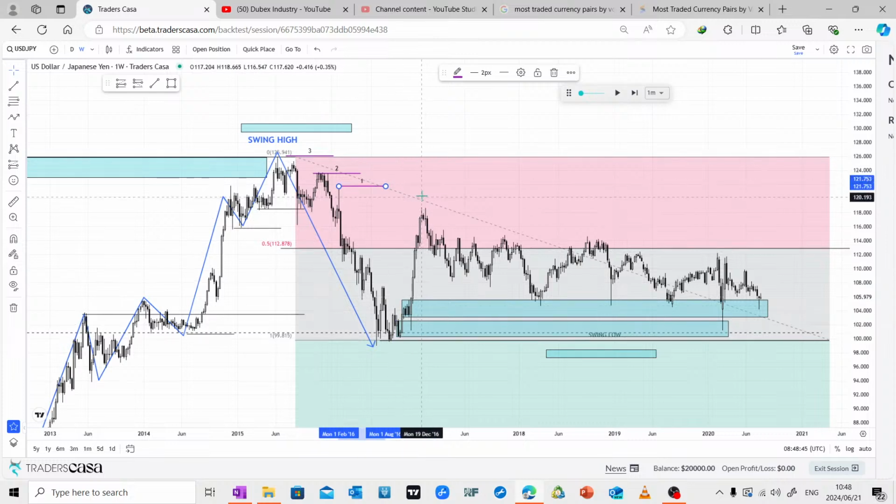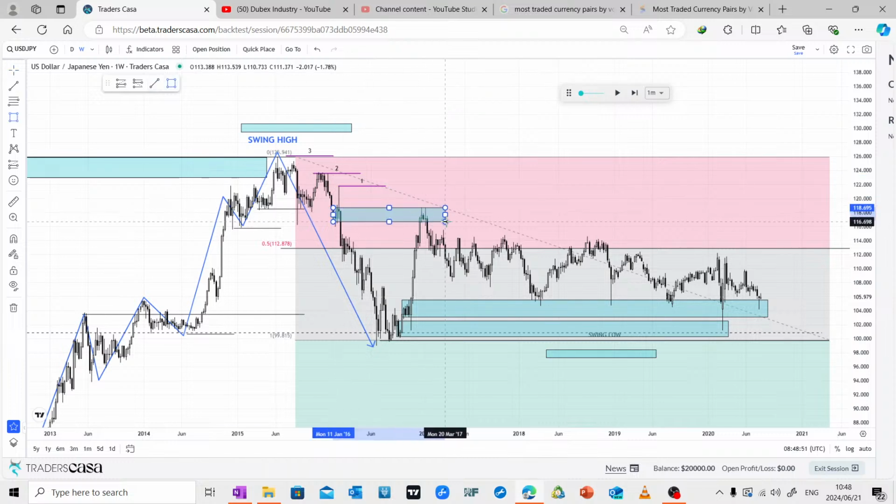And look, the market rallied up, and now what's the other thing we have to observe? Although the market respected this order block that was resting here and pushed to the downside, fair enough, what has the market done now?